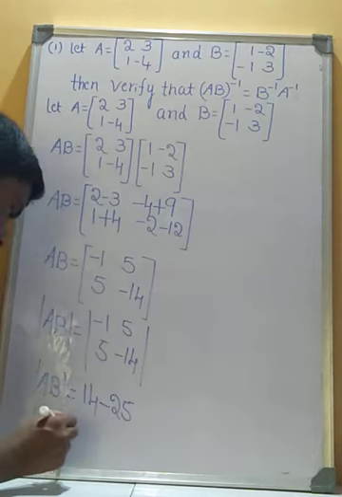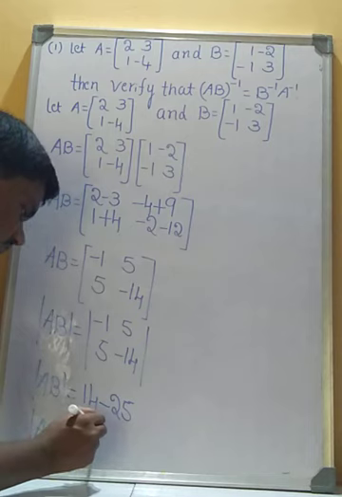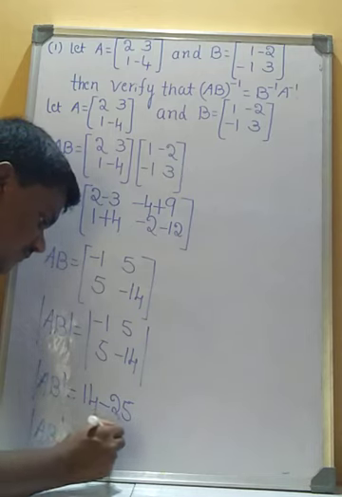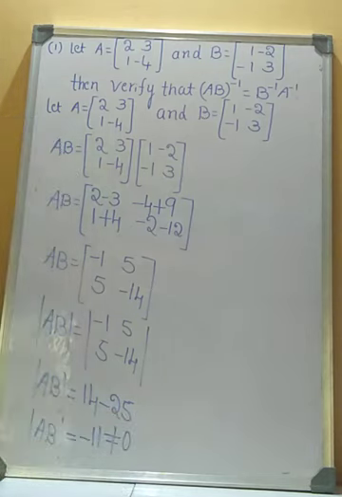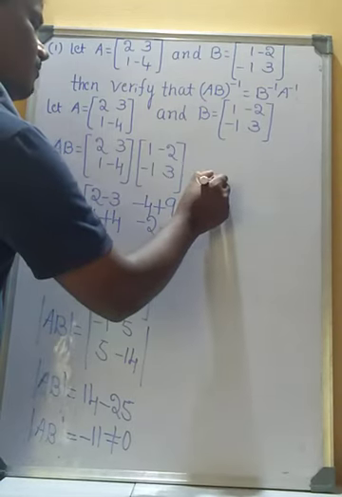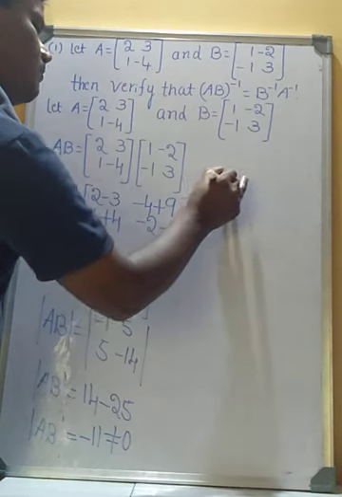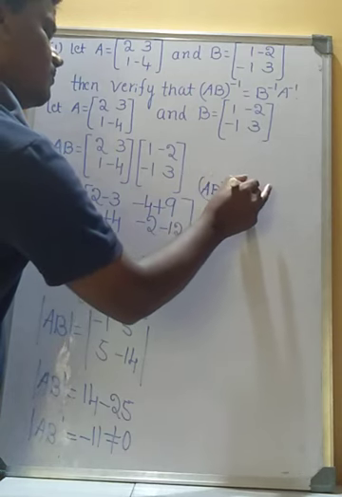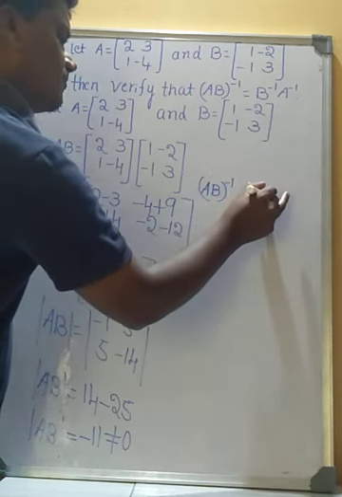Therefore determinant of AB equals minus 11, which is not equal to 0. Therefore AB inverse exists.